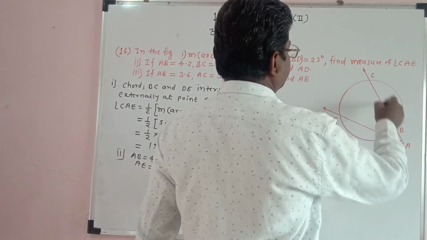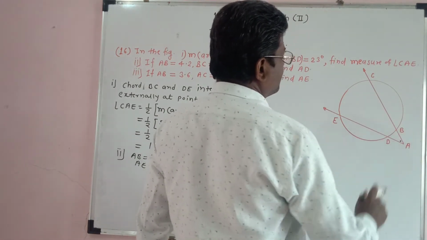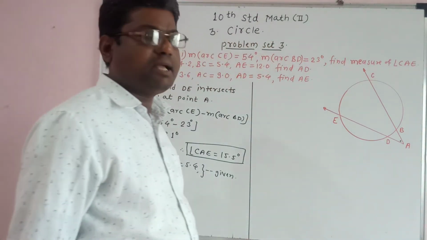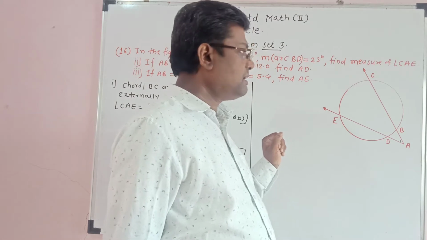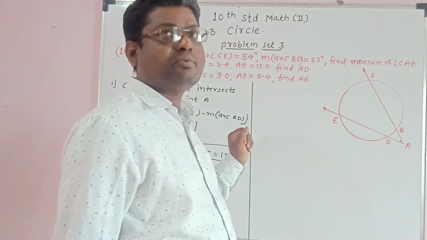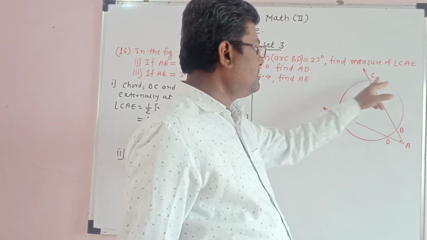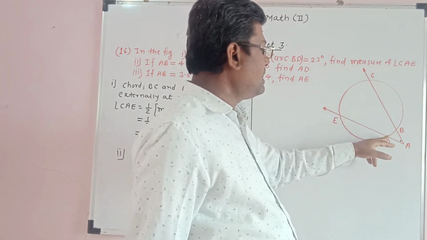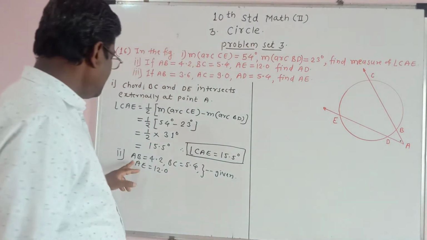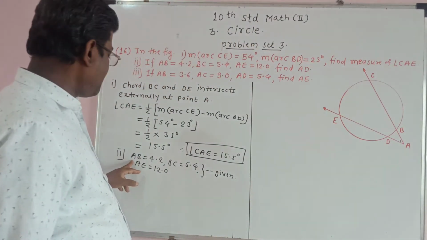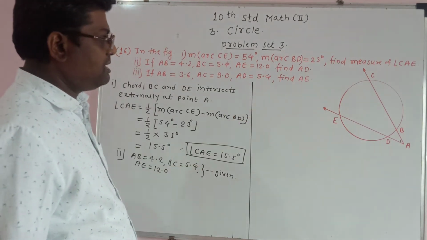These two chords BC and DE intersect in the exterior of the circle. Therefore, we can apply the theorem of external division of chords, that is AB into AC is equal to AD into AE.